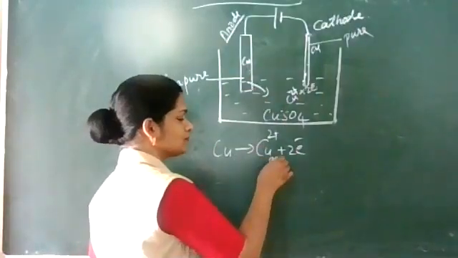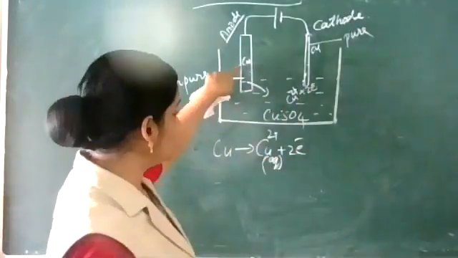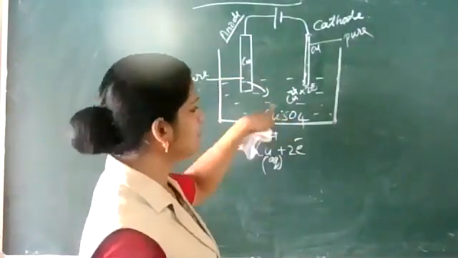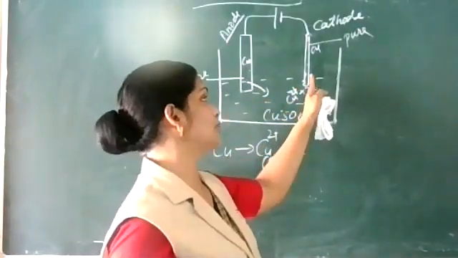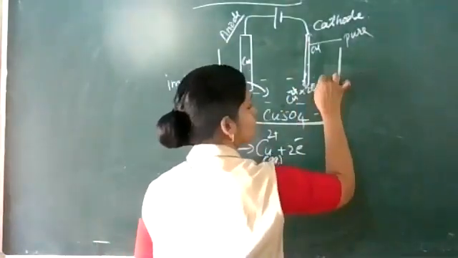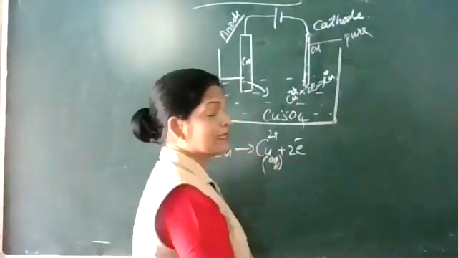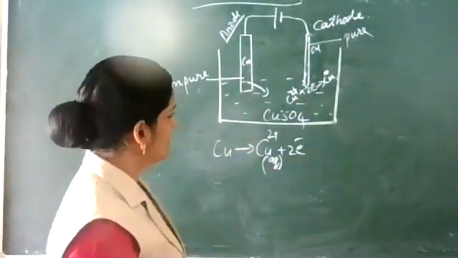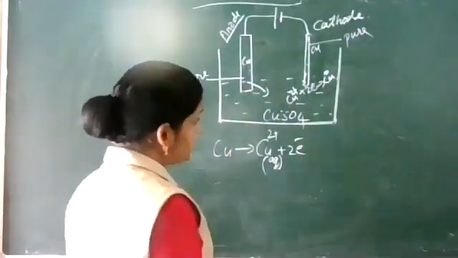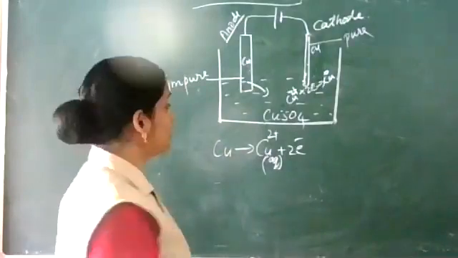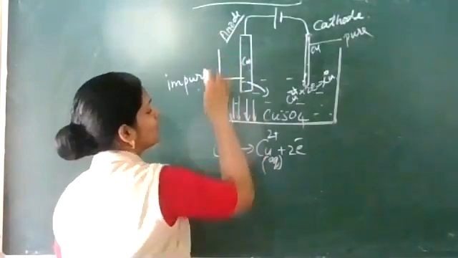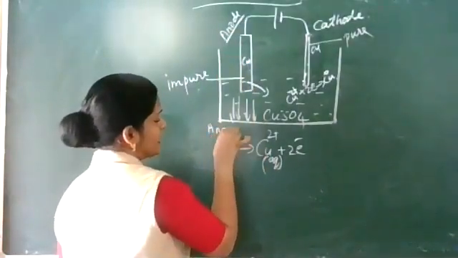When one Cu changes to Cu2+, an equivalent amount from the solution, one Cu2+, undergoes reduction and changes to metallic Cu. I told you this is impure metal, with impurities, uncharged. Impurities will be falling below the anode.